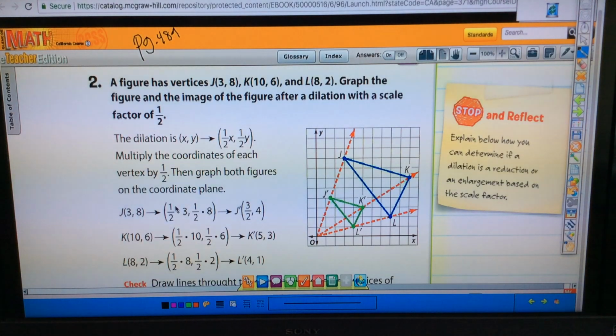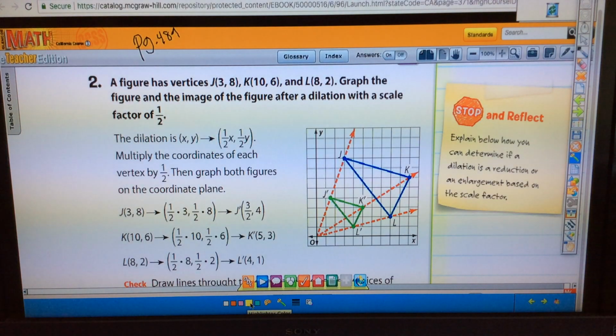Let's see here. The pre-image is the triangle in blue, and here are the original vertices, 3 comma 8, 10 comma 6, 8 comma 2. They are saying to multiply each of these values by a scale factor of 1/2. So it makes really no difference to me if you want to keep this in fraction form, or you can convert it to a decimal.